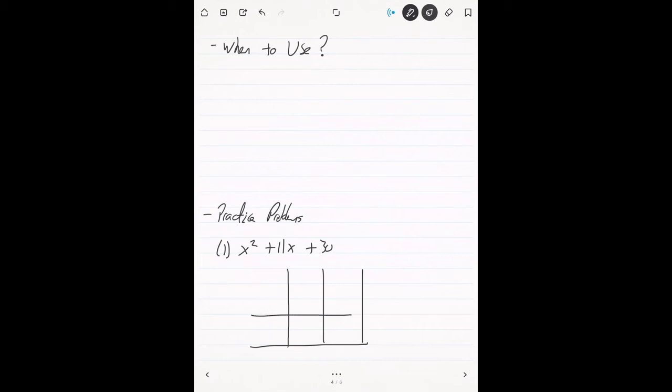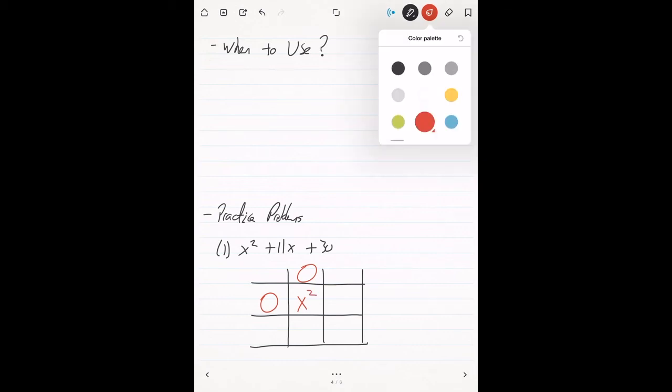And I like to use color coding whenever I do this. So I'm going to say I must have multiplied some things together to get x squared. And I also must have multiplied some things together to get 30.